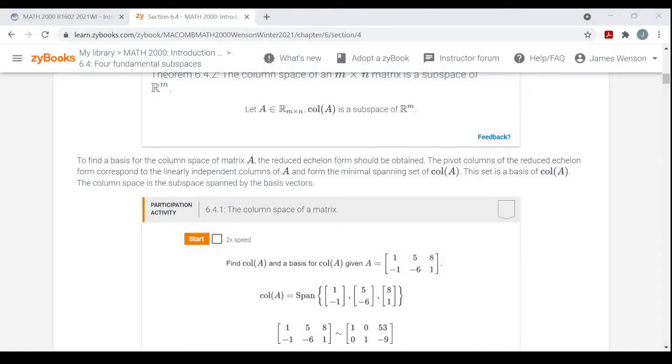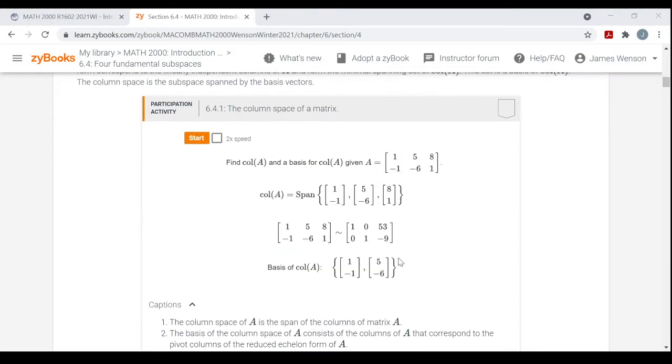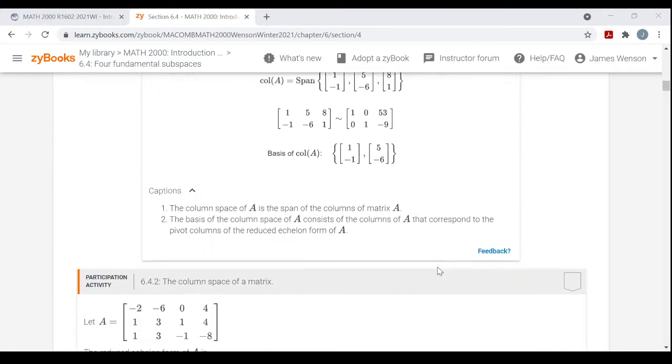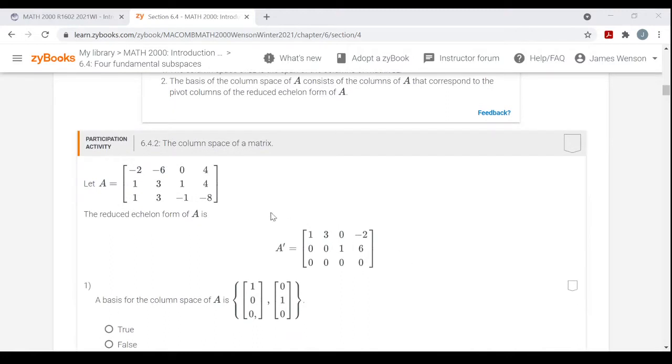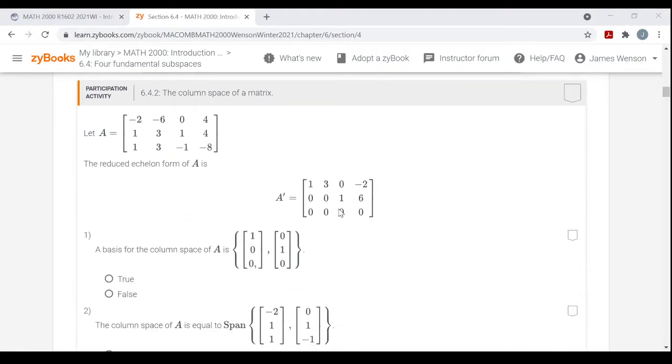Alright, so back here, and they go through all that here as well. Then you're asked to do the same here. Now this one, they're giving you the reduced echelon form of A. And look at the first column and the third column are the pivot columns, meaning the first column vector and the third column vector form a basis for the column space of A. Right?